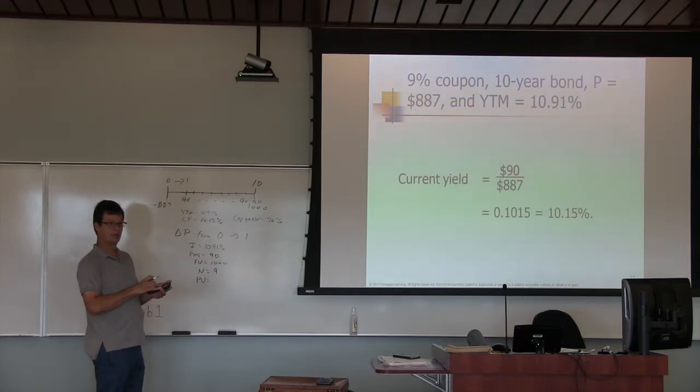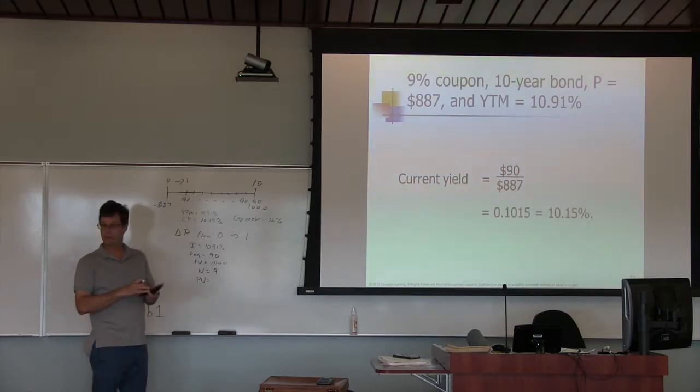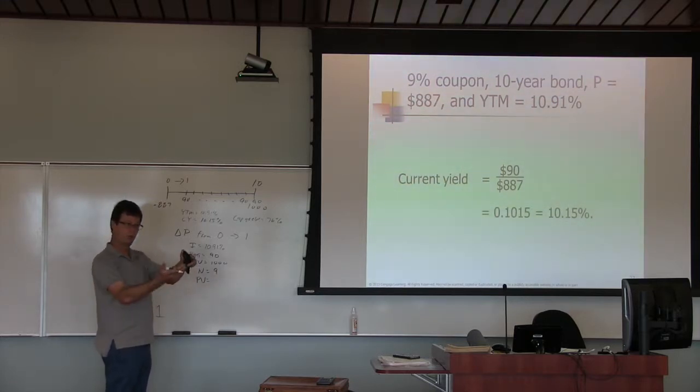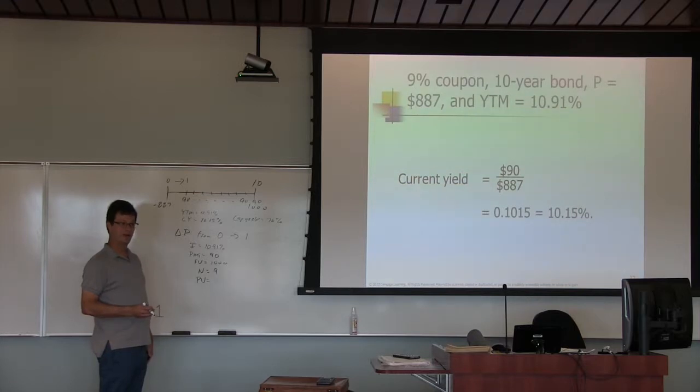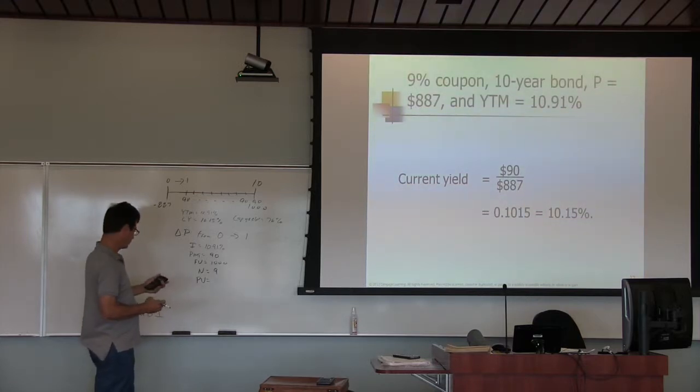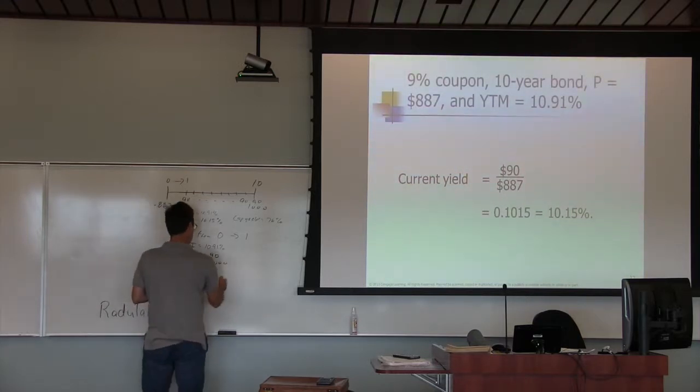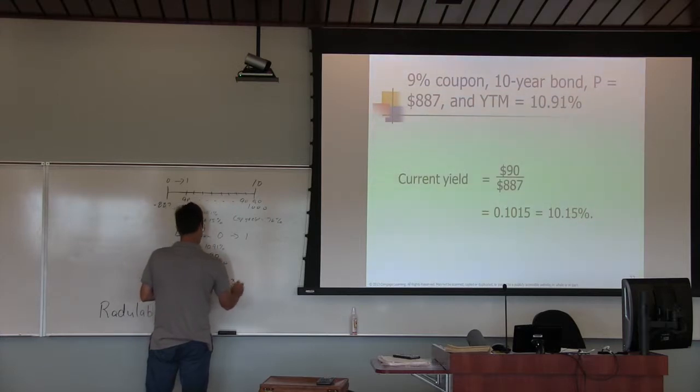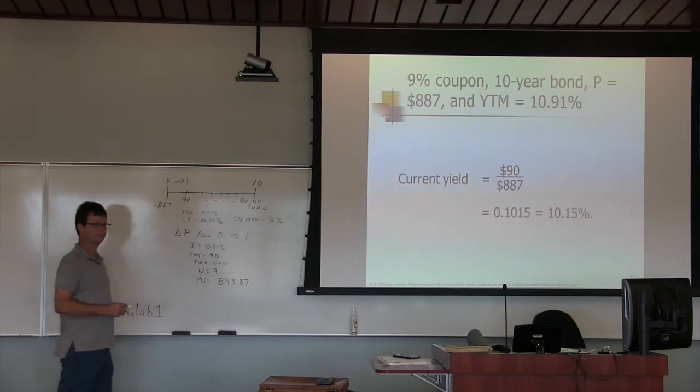It's going to be a little bit higher than the 887, because those prices have to move towards $1,000, right? So it's going to be moving up towards $1,000. The price now is sitting at $893.87.